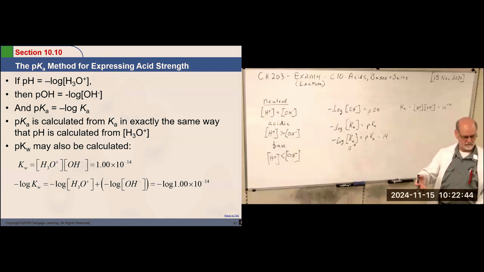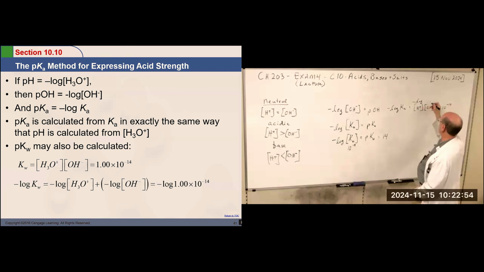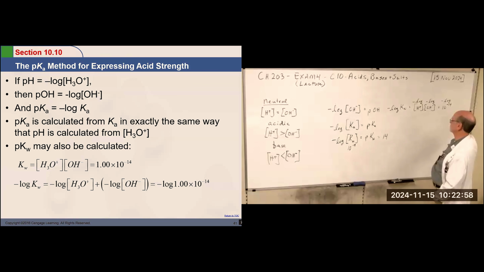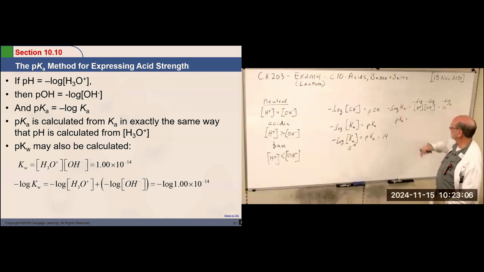That's allowable in math. So let's take the negative log of the whole equation. Just take negative log of this, negative log of that, and the negative log of that. Okay? So what do we get? Well, we get pKw over here.